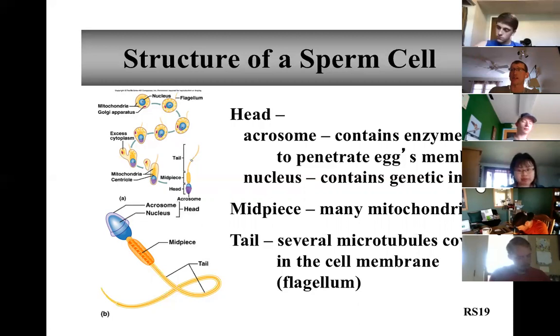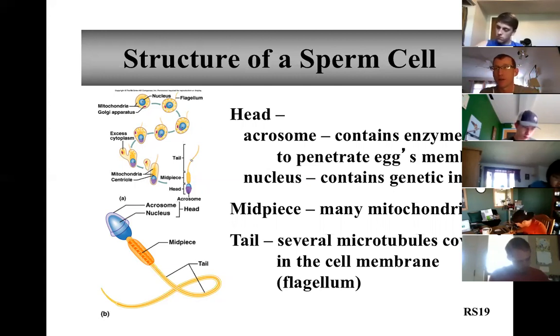Sperm cells have 23 chromosomes and no pairs. 1 copy of each chromosome, number 1 through number 23. Egg cells have the same exact thing from females through meiosis. Minor differences that we'll talk about in the formation of these, but just kind of bear that in mind.